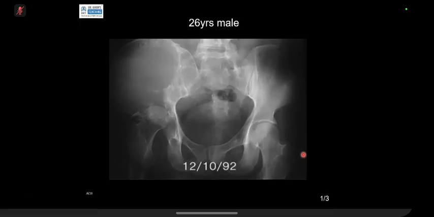I can see some concavity there, which seems to be because of early pseudo-articulation getting formed. Besides this, I can also see some sclerotic area adjoining this suspicious area of pseudo-articulation along the iliac aspect.